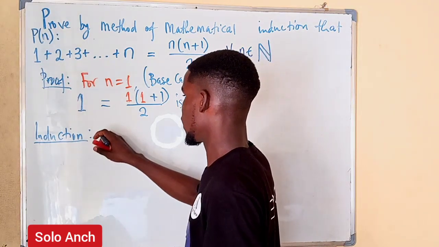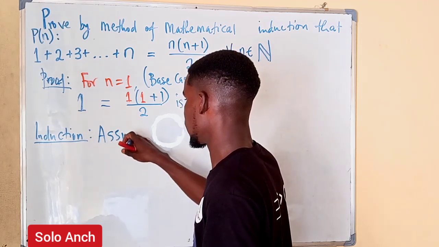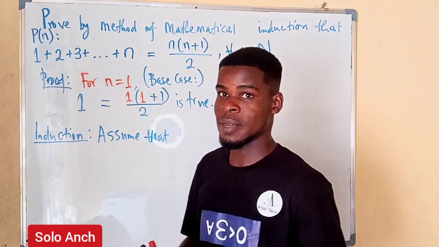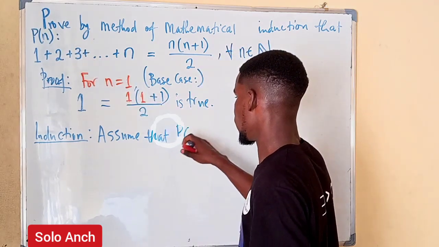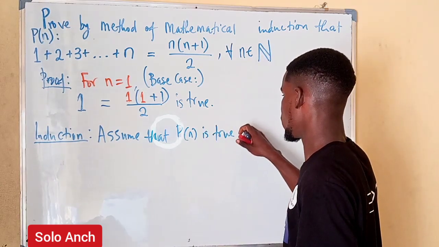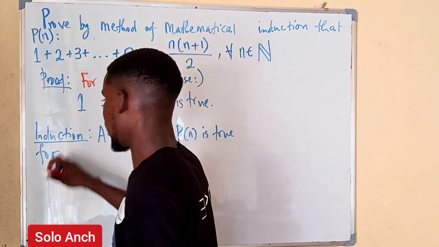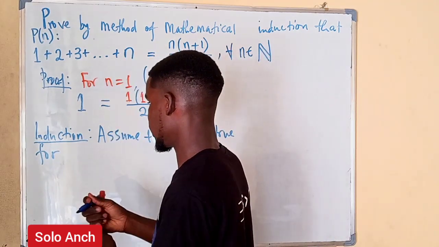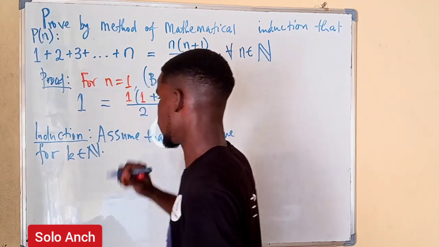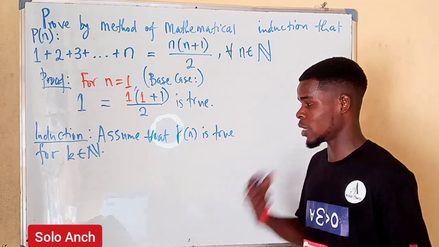So, let's assume, that will be the first part. Assume that the statement, let's call it P of n, is true for an arbitrary natural number, let's say k. This k is just any natural number, which can assume the value 22 or whatever natural number.